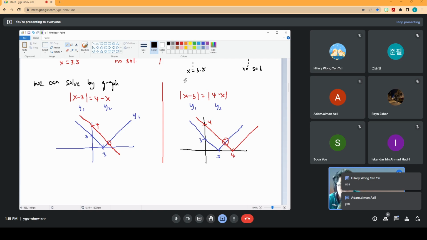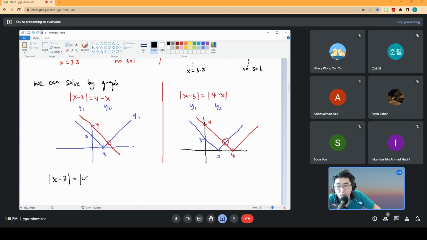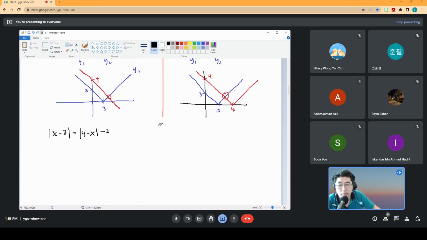Okay. Now, what if we increase the difficulty? So modulus of x minus 3 equals modulus of 4 minus x, minus 2. Then at this moment, because the minus 2 is outside of the modulus, now we have no choice but to have 4 cases. So we have a positive of x minus 3 equals positive of 4 minus x minus 2.